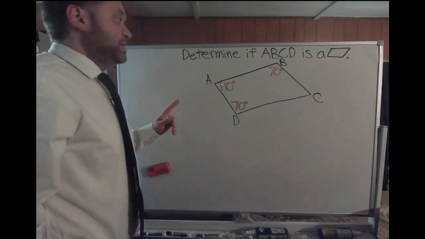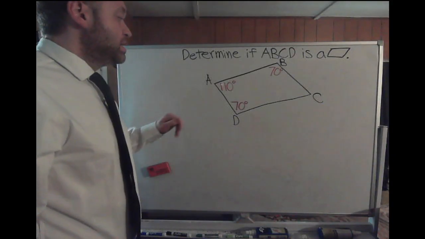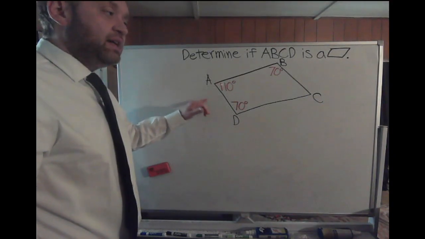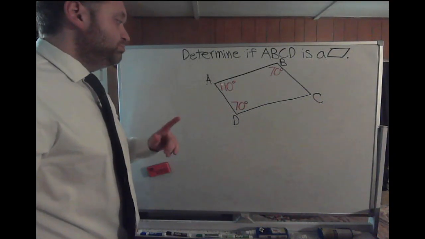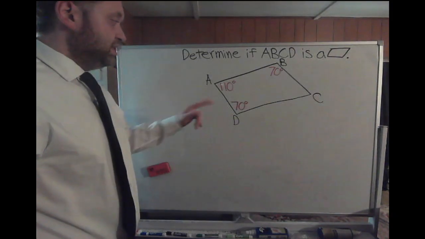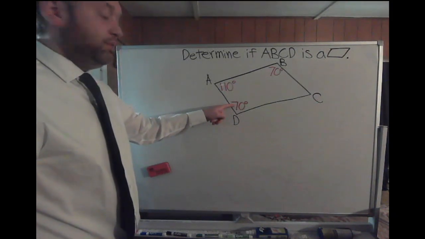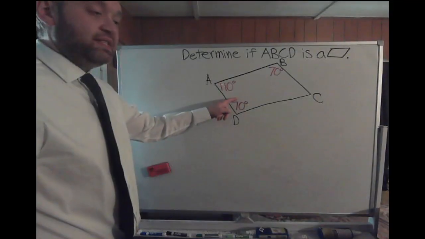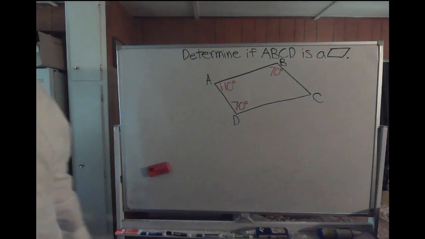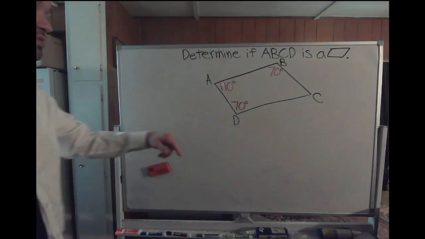Let's look at something here. Right away, it may not seem possible to prove it still, but if you notice, angle A and angle D are supplementary, right? If you take 110 and 70, they add up to 180, meaning that they're supplementary angles.